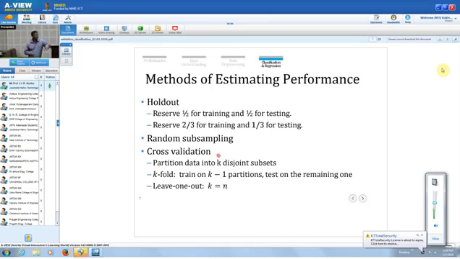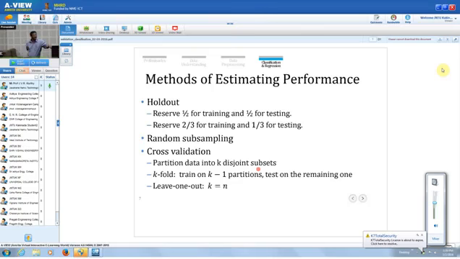In this cross validation, you partition the data into k disjoint subsets. Suppose you have 1000 records, make them into 5 subsets, let us suppose. So each will have 200 records.